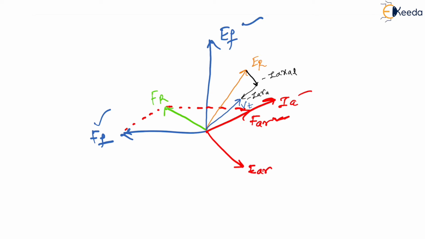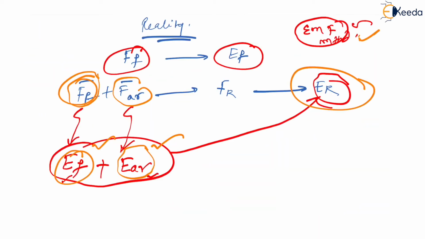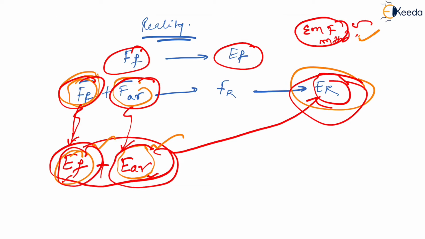This is the armature reaction EMF, correct? Now, if I add EF and EAR, we have seen that FF plus FAR gives you FR, so on similar lines EF plus EAR gives you ER. This is what the EMF method says.